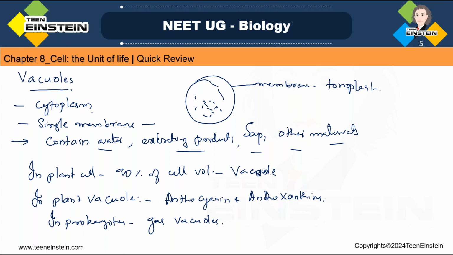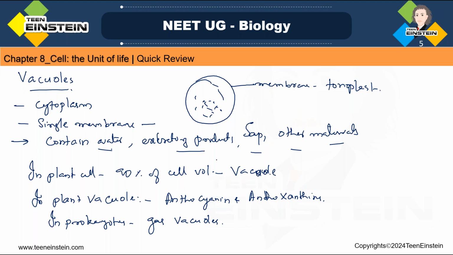It is found in the cytoplasm and it has a single membrane, which is called tonoplast. Inside the tonoplast, it contains water, sap, other waste materials, and the excretory products.